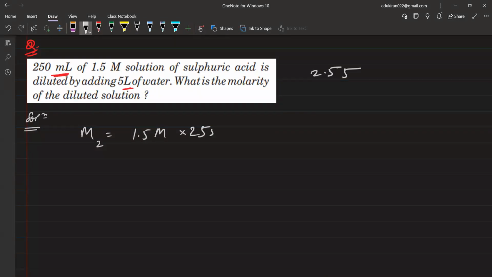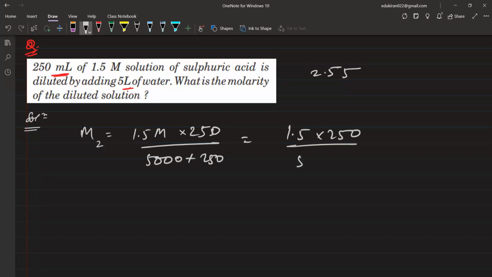So this will be 1.5 into 250 upon 5,000 plus 250, which is 5250. Now 2.5 into 1.5 will be equal to how much? 375, I think.